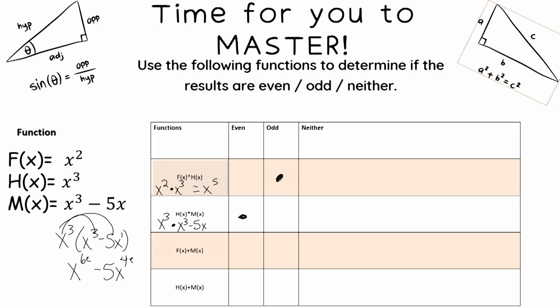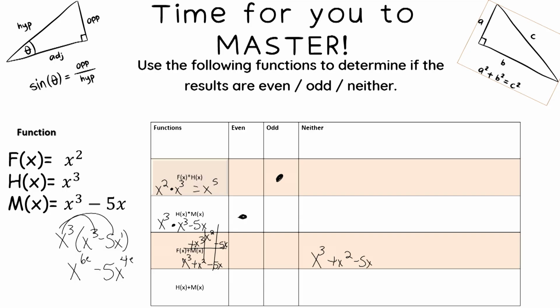All right, so then let's look at this one. I've got f of x, which is x squared, and I'm adding it to what? M of x, which is x to the third minus 5x. I have to keep my like terms together, so I have x to the third plus x squared minus 5x, or more importantly, I can write over here and you can see.